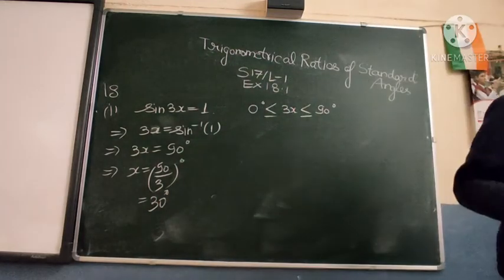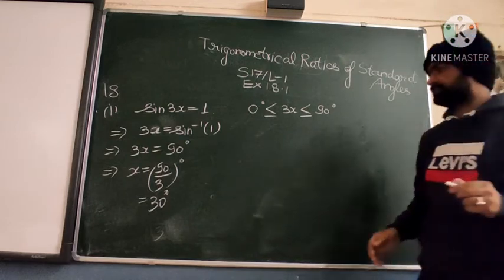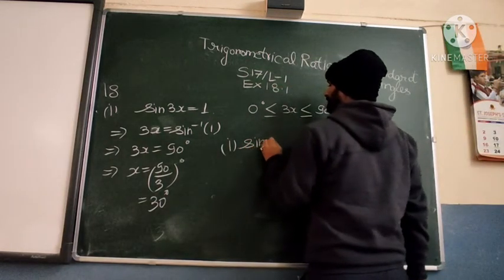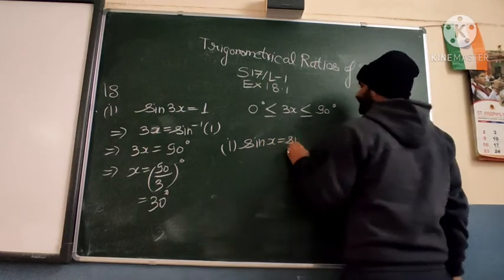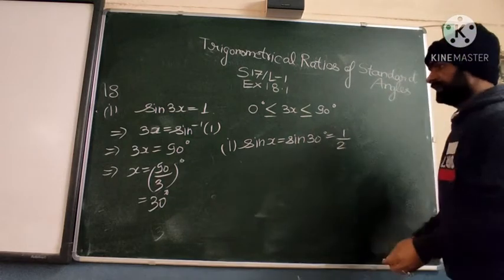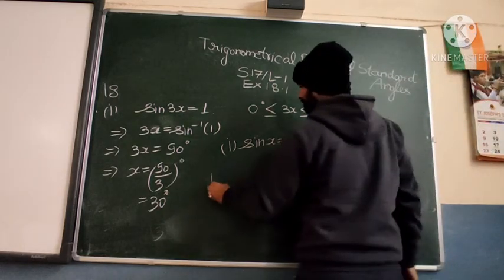What more do you want to say? Find the value of sin x. So first part will be what? Sin x equal to sin 30 degree. That means the value you remember already, half. Second part is what?